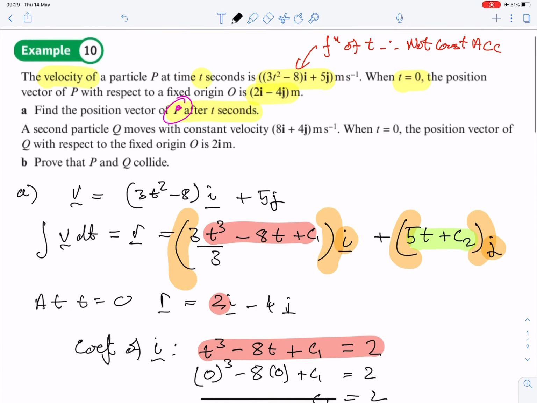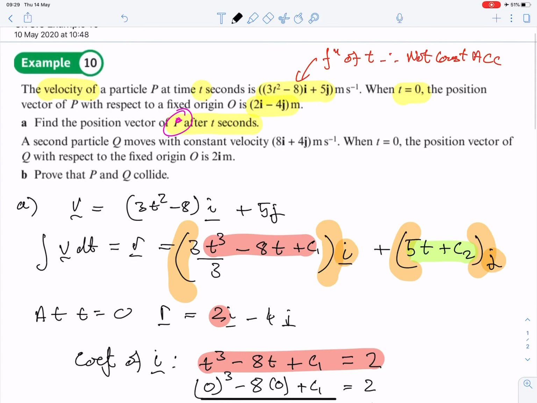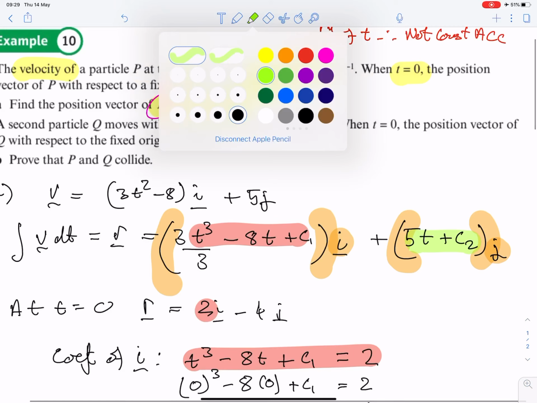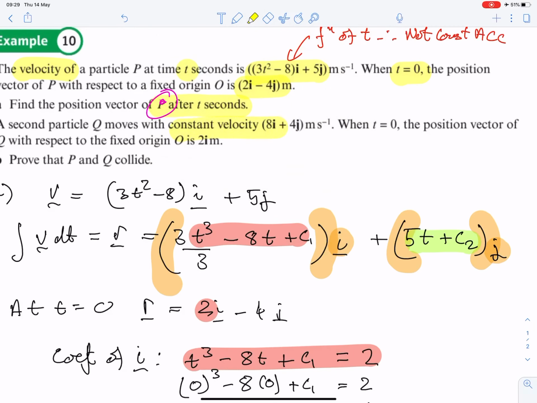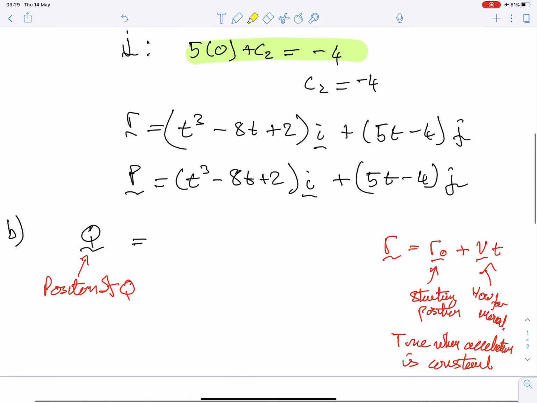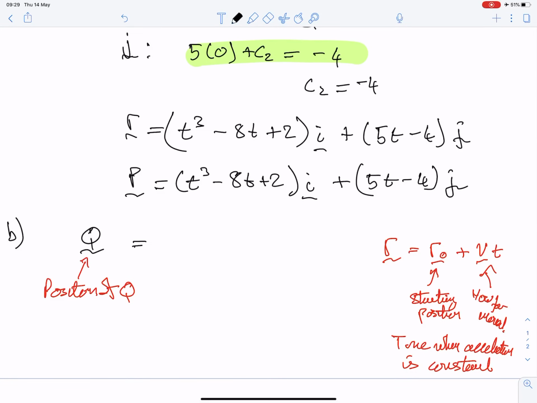I think a second particle Q moves with constant velocity, yes. So it's got constant velocity of 8i plus 4j. And its position vector is 2i at t equals 0. So if we come down here, we've got q naught plus the velocity of Q times the time.